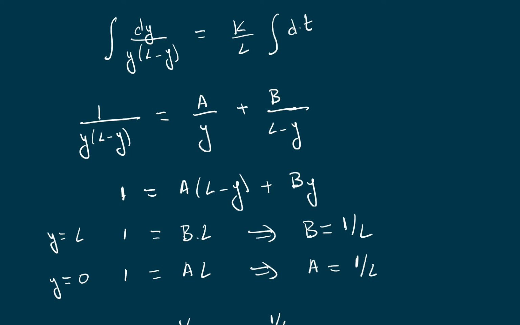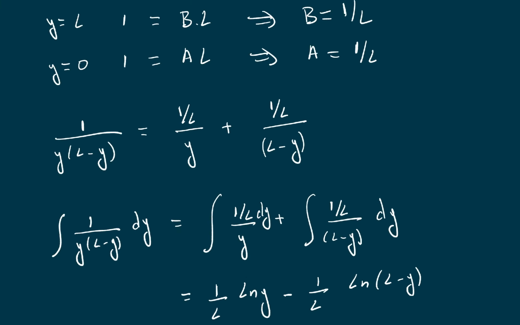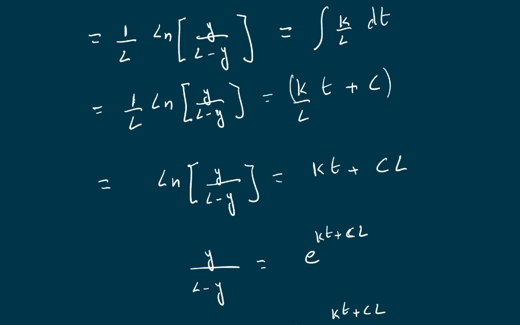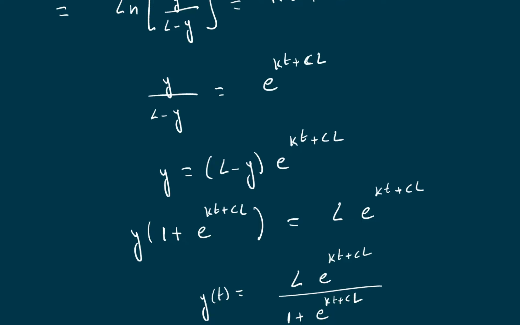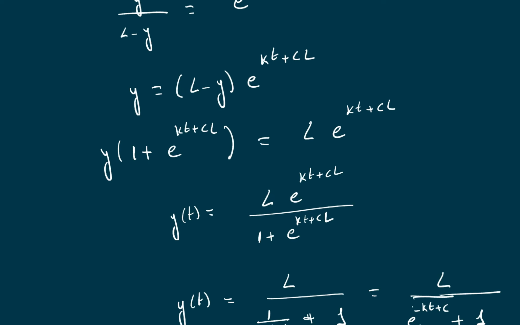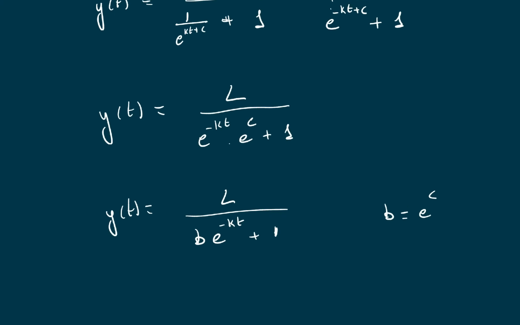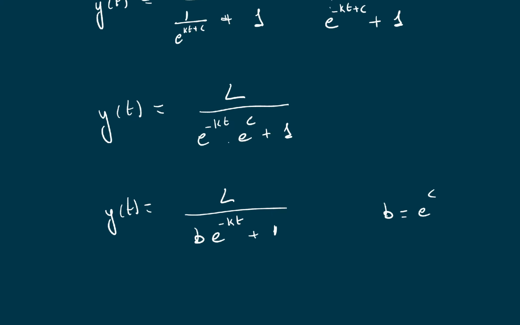I find a and b are 1 divided by L. I integrate both sides of the equation, and finally I manipulate the equation to find y of t, and this is the result. You see it carefully and you will find this solution.